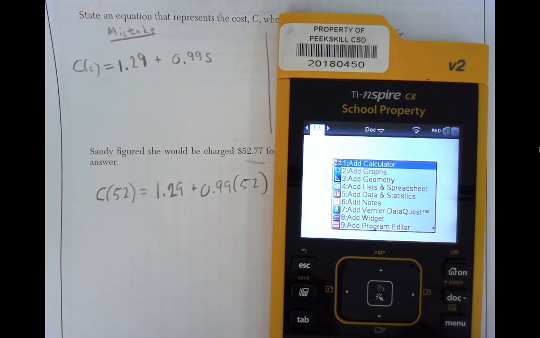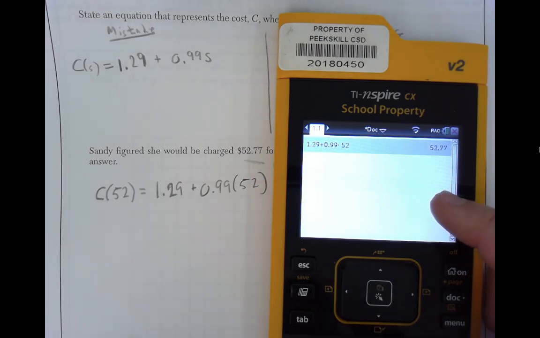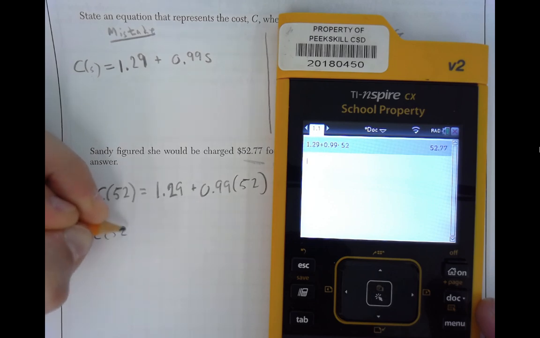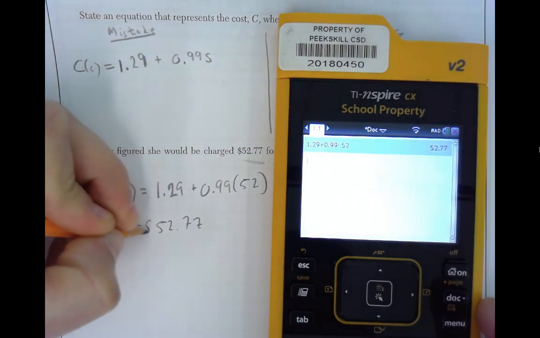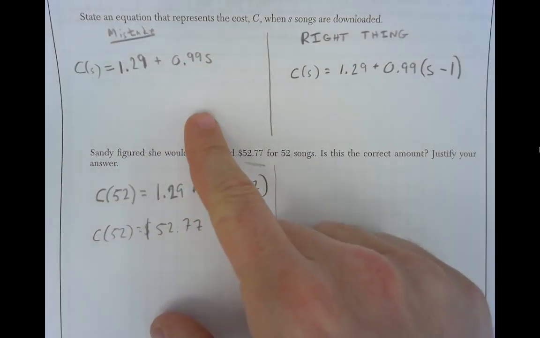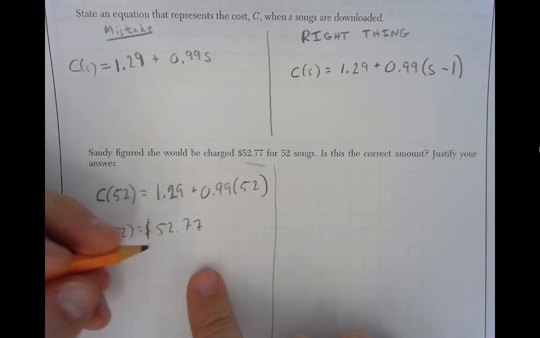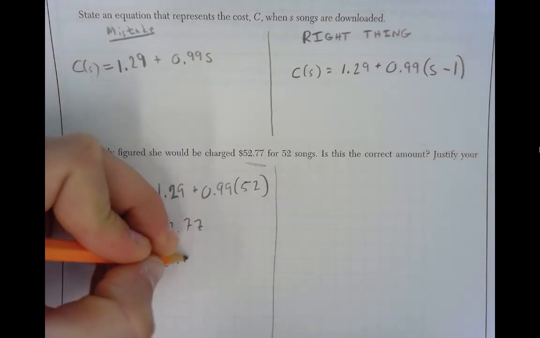If I plug in $1.29 plus 0.99 times 52, I get $52.77. And if you made the mistake at the start and you found this, you're going to say, yeah, Sandy's right, she got $52.77. You're going to say she is correct.